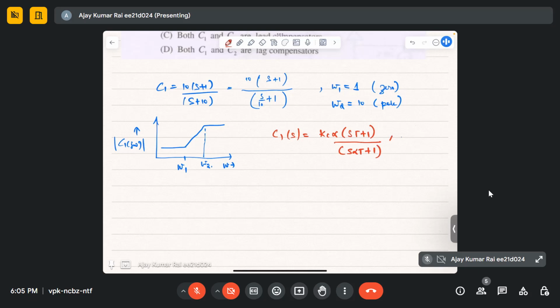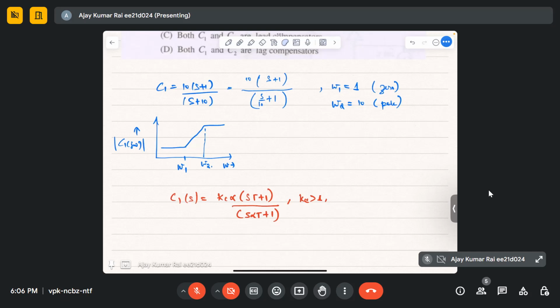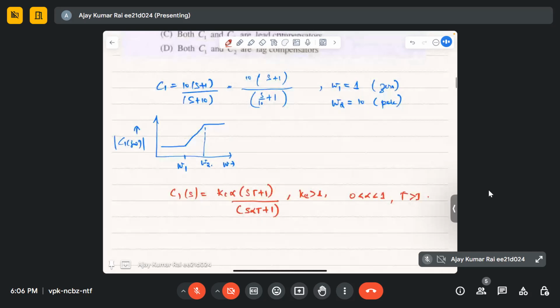The value of Kc is greater than 1, alpha is between 0 and 1, and T is greater than 1. This we know, and we just want to compare the two transfer functions here.